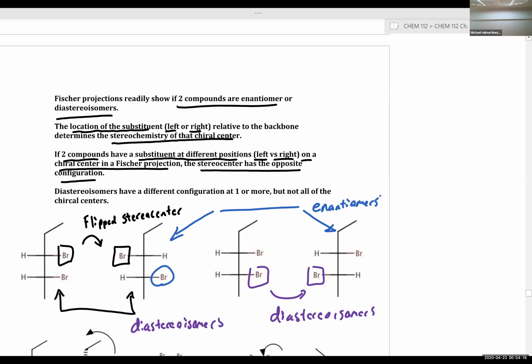So Fischer projections make the whole idea of diastereomers and enantiomers really easy to see. That's why I like them. Does that make sense, everyone? The location of your substituent, left or right, determines the relative stereochemistry. And as a result, if a substituent changes in position, then we are flipping that stereocenter.